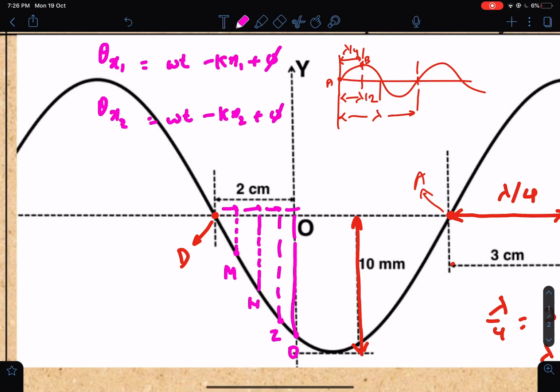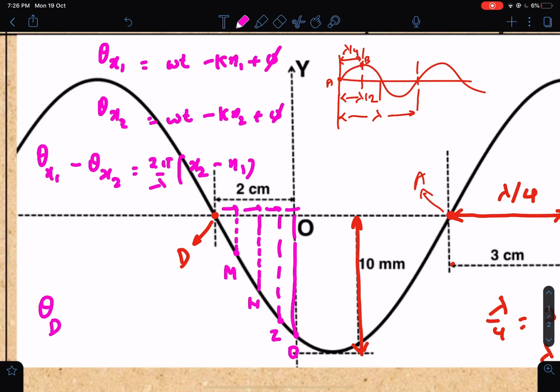And so the phase of x1 minus phase of x2 is equal to 2 pi by lambda, or k, times x2 minus x1. Now this x1 is particle at D, x2 is particle at O.